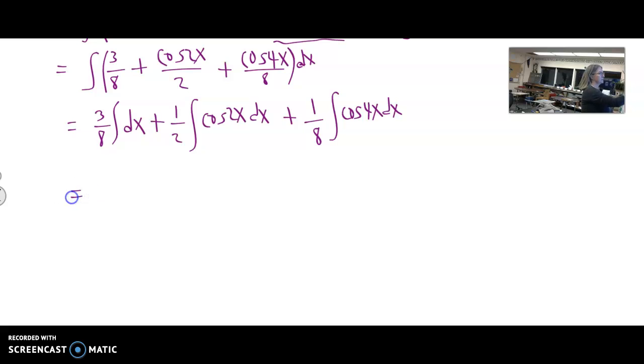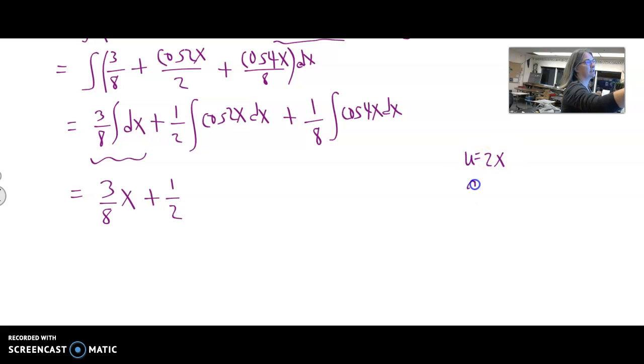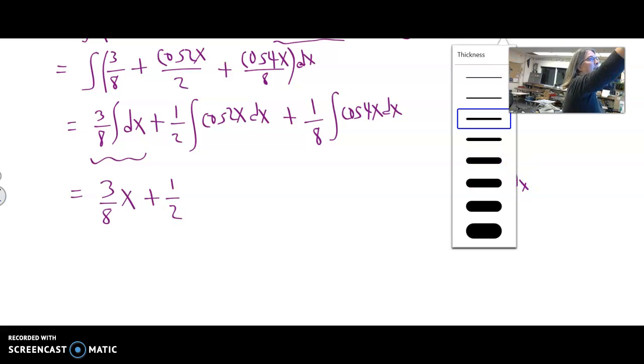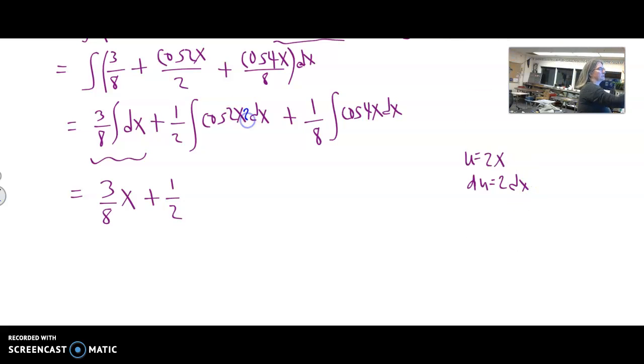Okay, first integral here, 3/8, so it'll just be 3/8 x. Plus I have 1/2. If you let u equal 2x, then du is 2 dx, which means I need a 2 here, which means I need to multiply by another 1/2 here.